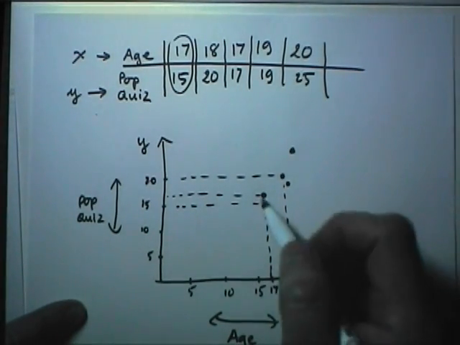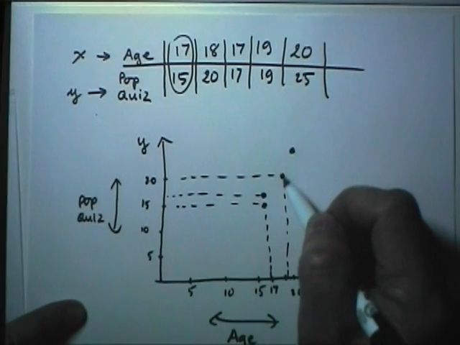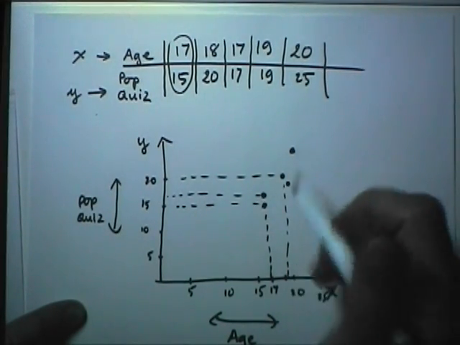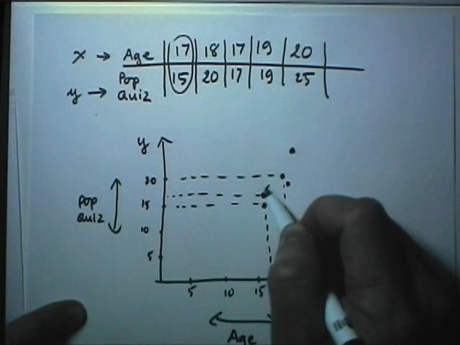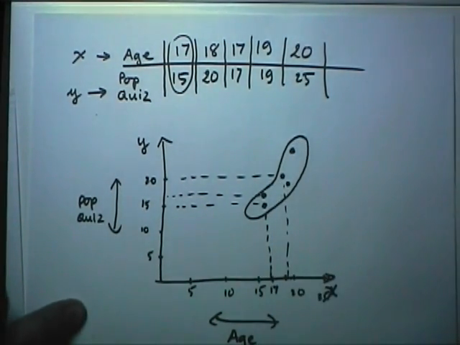So if you look at all these points together, they seem to be kind of everywhere, but they do form a trend that is going up, right? If you look at all of that together, they do seem to go up.